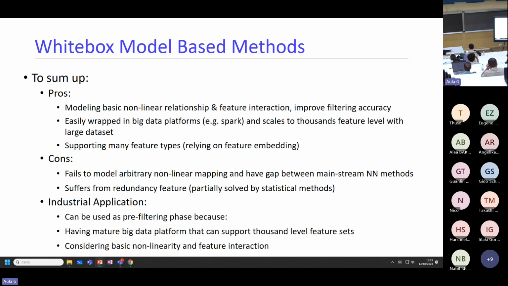For our industrial application, it can be used as a pre-filtering phase because in industry we have a very mature big data platform that can support 1,000 level feature sets and these simple machine learning models. And they can consider basic nonlinear relationship and feature interaction.